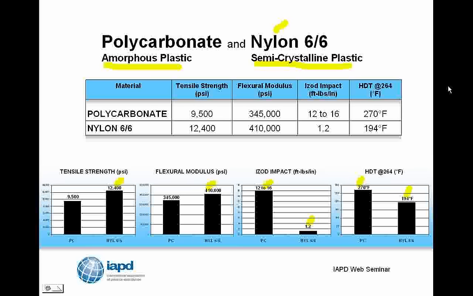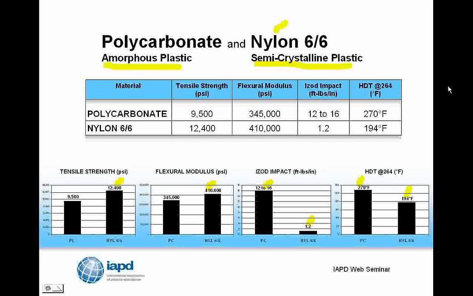And if I say, well, which is the better material, polycarbonate or nylon, I have to answer the question in 2 ways. Number one, do I want an amorphous or semi-crystalline plastic in this application? Do I need the transparency and thermoformability of an amorphous, so I might choose polycarbonate? Or do I need the wear resistance and chemical resistance of a nylon? I might choose that semi-crystalline plastic.